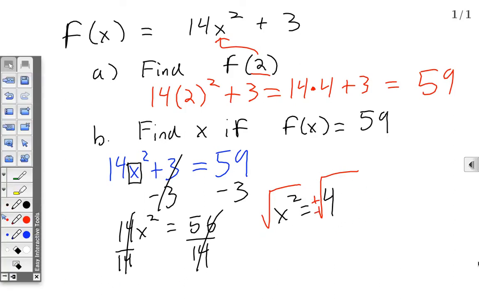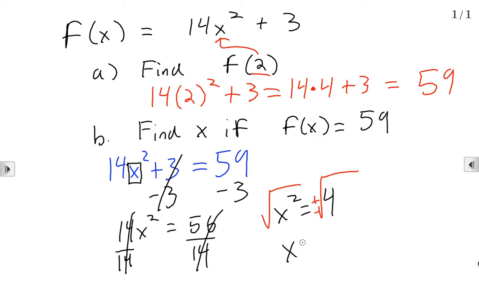What that means is we're going to have 2 solutions. One of the solutions is going to be 2, because 2 times 2 is 4. But the other solution is going to be the negative version, x equals negative 2, because negative 2 times negative 2 is also 4. So one of the solutions we knew because it was kind of coincidentally related to part A. But there's really 2 solutions to this problem, and this is kind of how you should be able to solve for it.